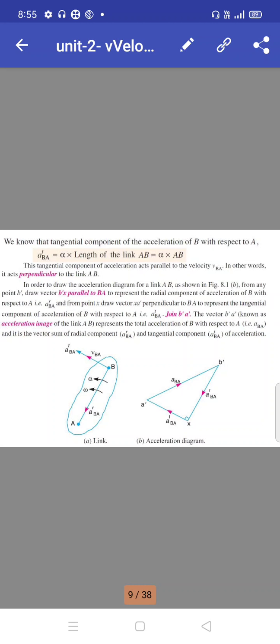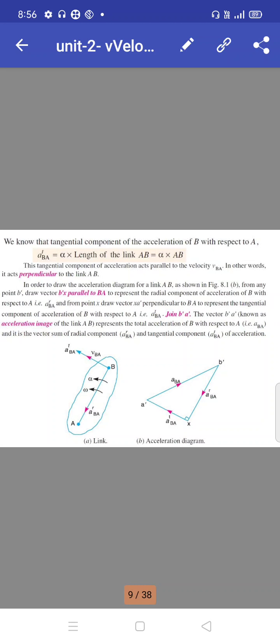In order to draw the acceleration diagram for link AB, from any point b dash draw vector b dash x parallel to BA, to represent the radial component of acceleration of B with respect to A, that is a^r BA.